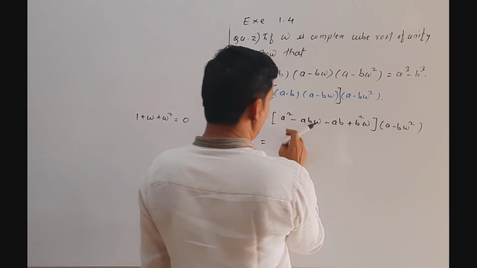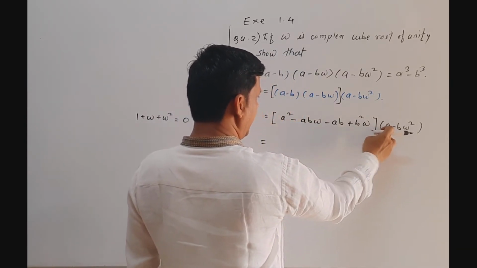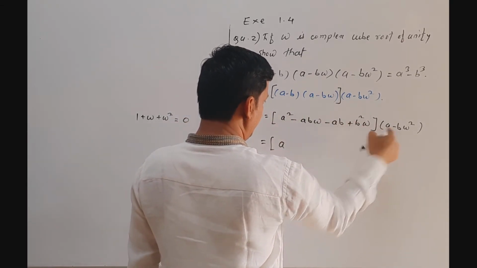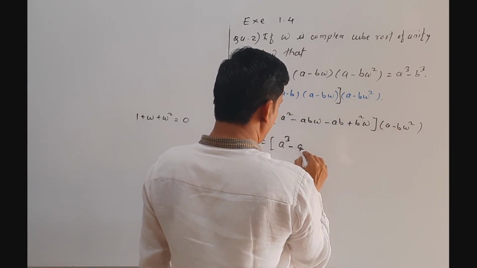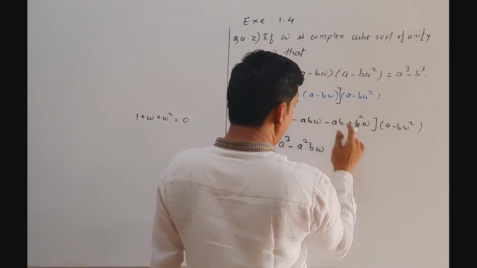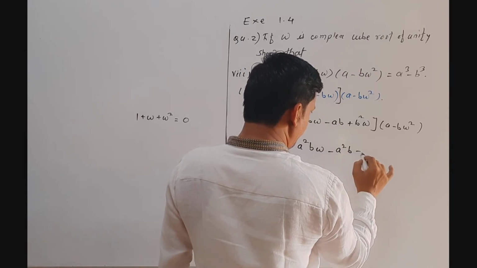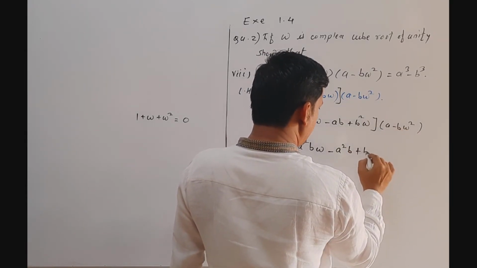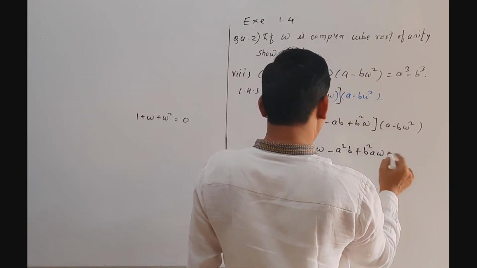So here we multiply these two brackets. We multiply A to each term. So we get A square into A as A cube, minus A square B omega, then we multiply A to this term, so we get minus A square B, then we multiply this term by A, so we get B square into A or AB square omega.